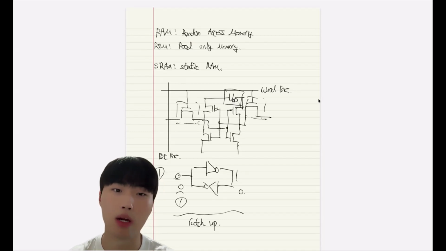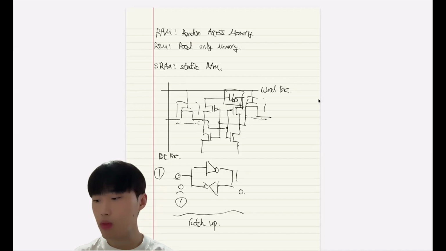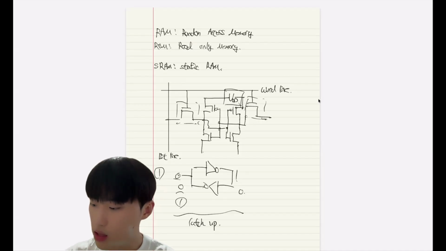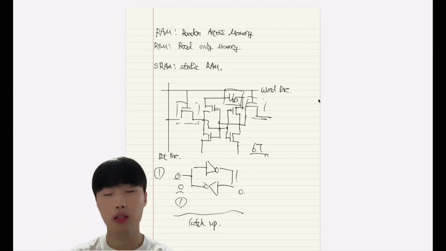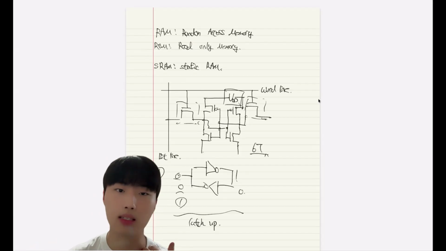This is why we say SRAM has a volatile characteristic. We call this a 6T structure because it has six transistors in one cell. So it is big and very fast.